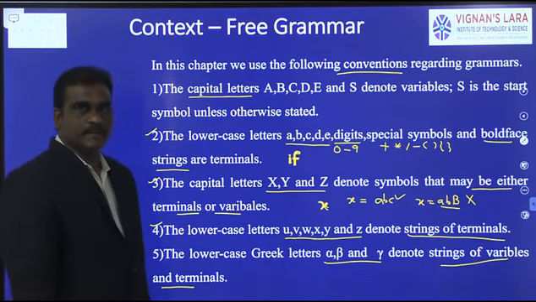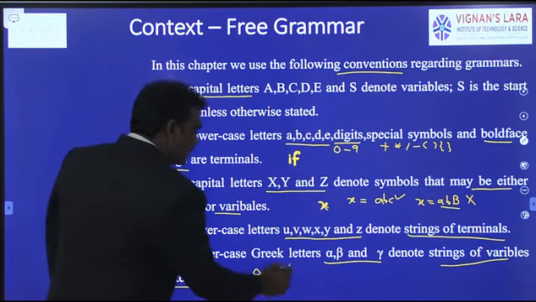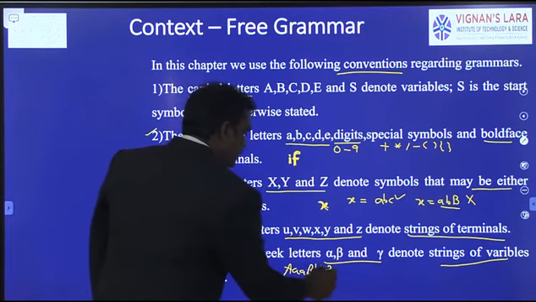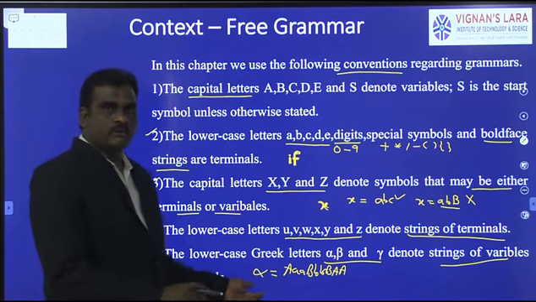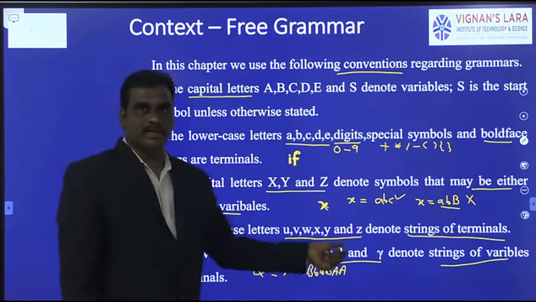Suppose you take alpha as A, B, B, B, B, A, like that. It is a string of both variables and terminal symbols. That is alpha, beta, gamma.